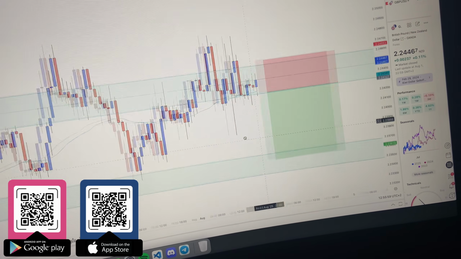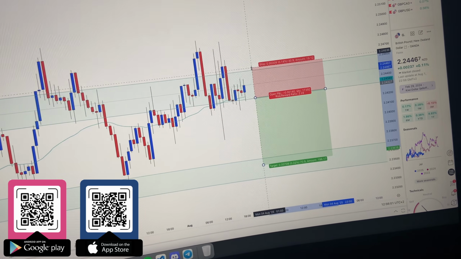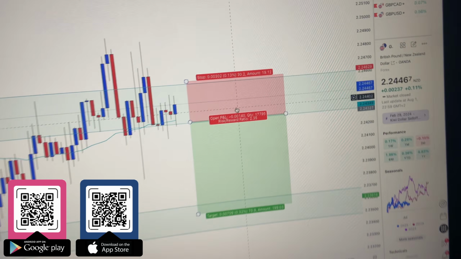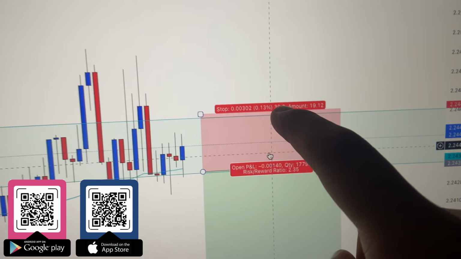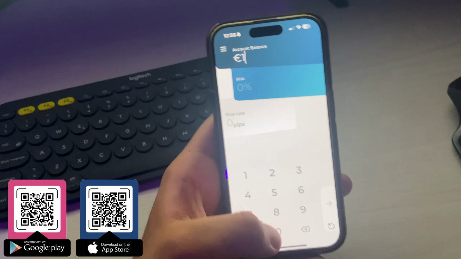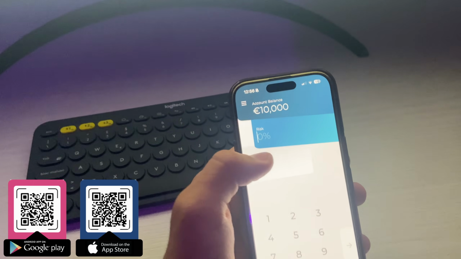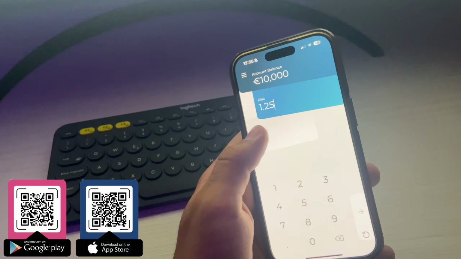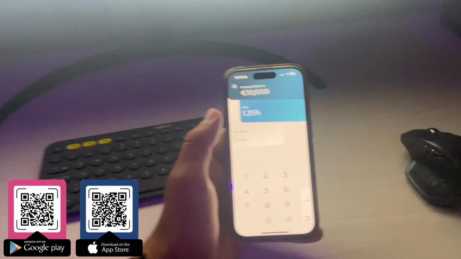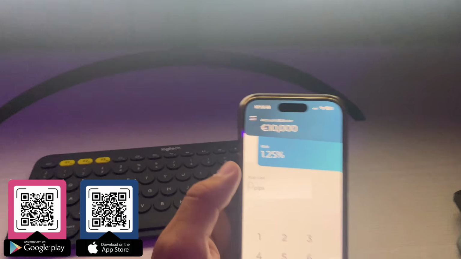So I believe that my stop loss will be a 30 pips stop loss. So the stop loss is 30 pips, right here, 30 pips. So I go here over the STINU app, I write my account balance, which is $10,000 on my challenge. The risk is 1.25. I always risk 1.25 on my challenges.